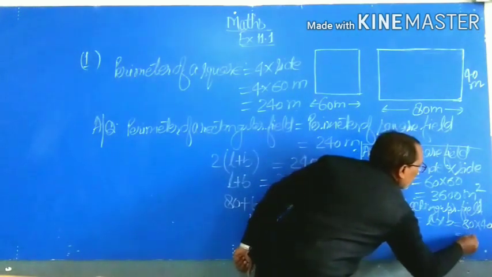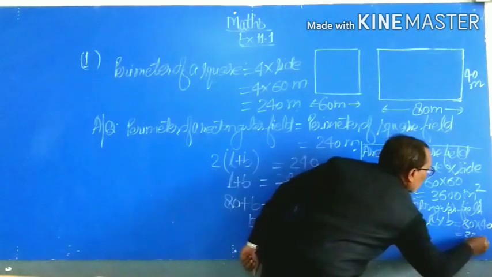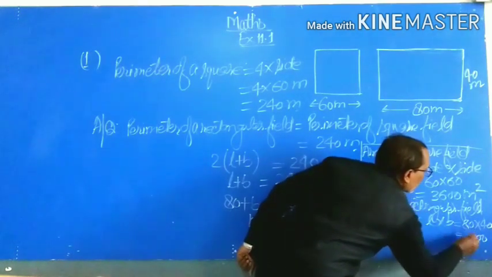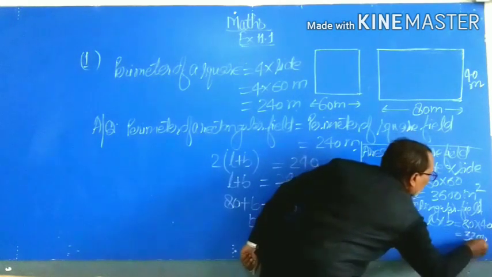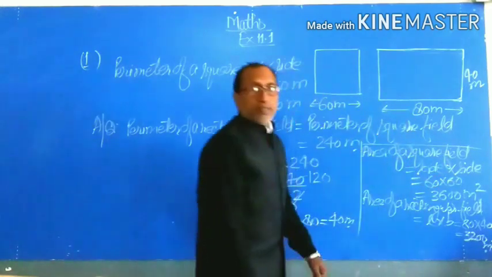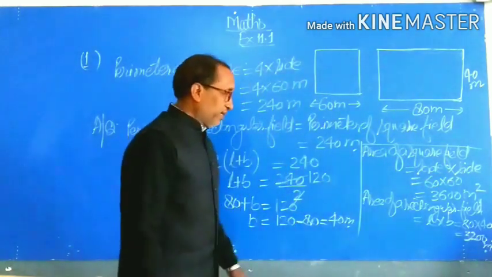This is equal to 8 4s are 32, 3200 meter square. This is the area of rectangle.